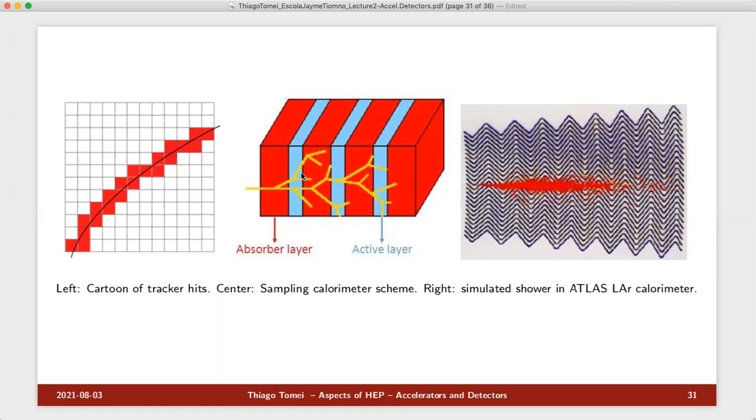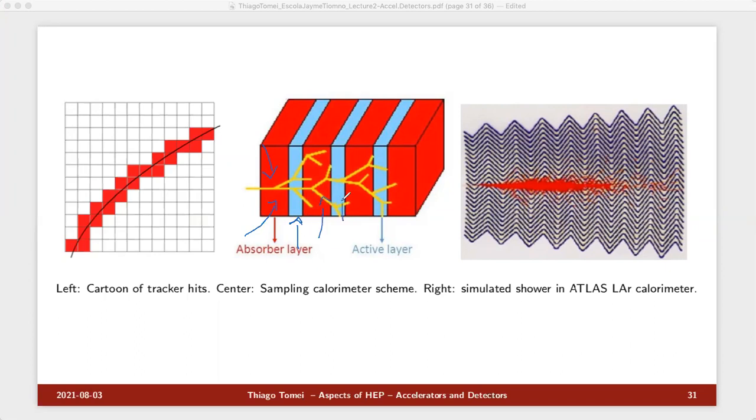Here in the center, you have the scheme of a sampling calorimeter where you have an absorber layer where the particle showers, and then you measure its energy on an active layer. For instance, this can be something simple like brass or copper or iron. And then here for the active layer, you have some kind of scintillator.